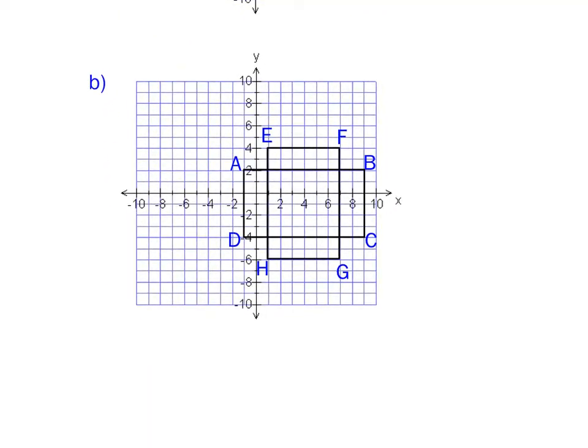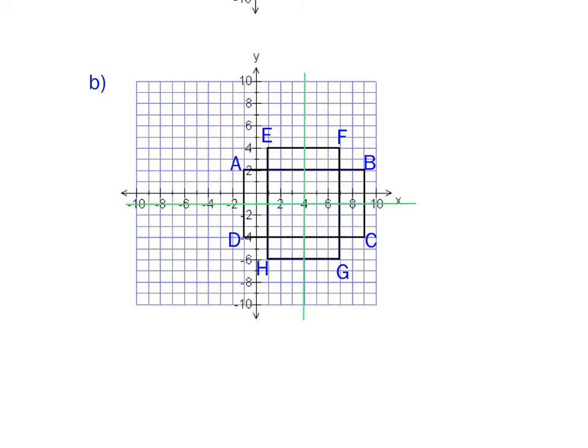Is there line symmetry here? No, there would not be line symmetry. Actually, wait a second. Yes, there would be line symmetry. I lied. Where's the line symmetry? The line symmetry would be that's a line. And that's a line.